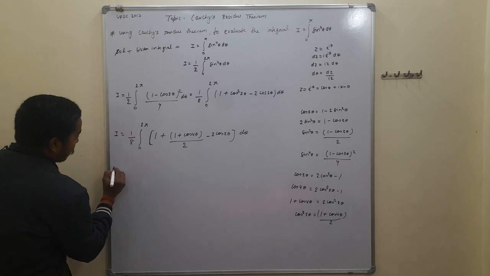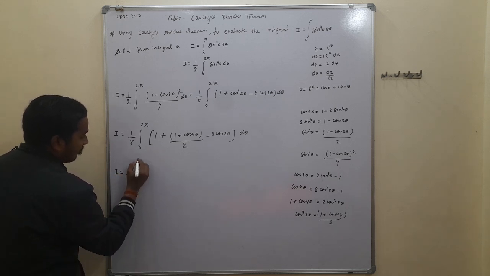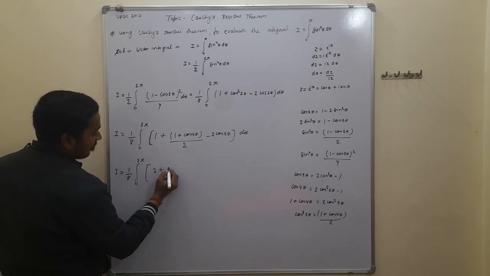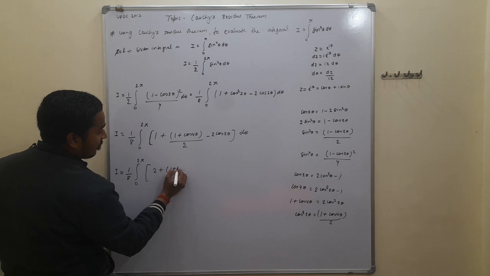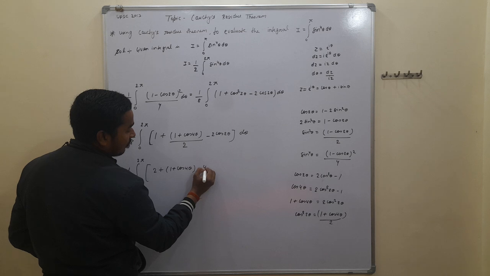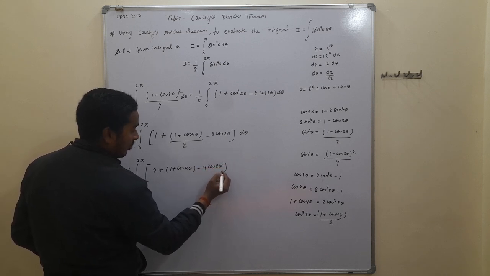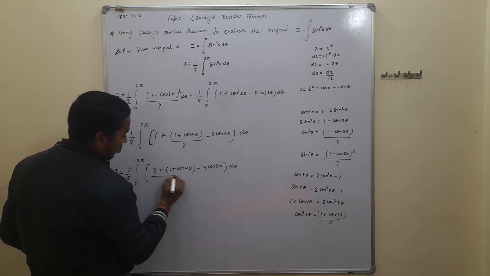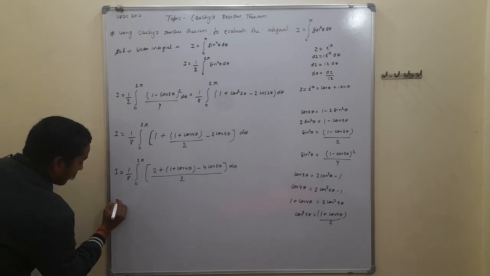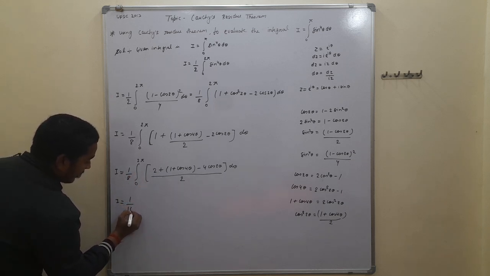Once again this gives I is equal to 1 upon 8, integral limit 0 to 2 pi, and taking LCM, this gives 2 plus 1 plus cos 4 theta minus 4 cos 2 theta, d theta upon 2, and the 2 is taken outside. This gives integral I is equal to 1 upon 8 into 1 upon 2. This gives 1 upon 16.